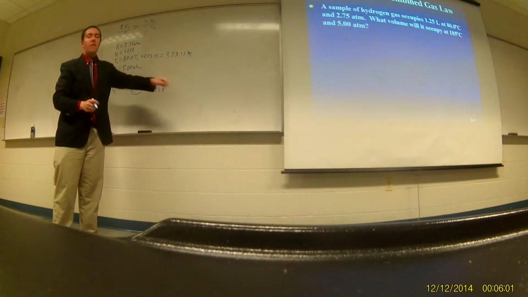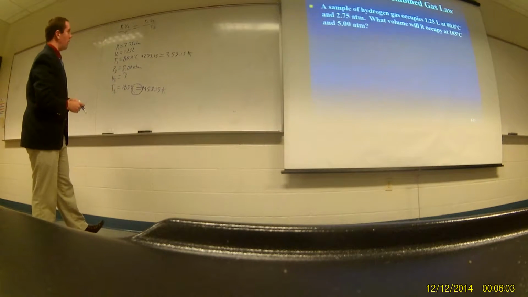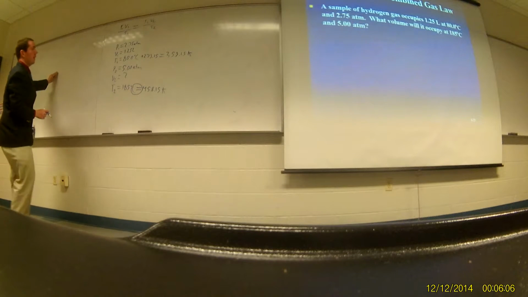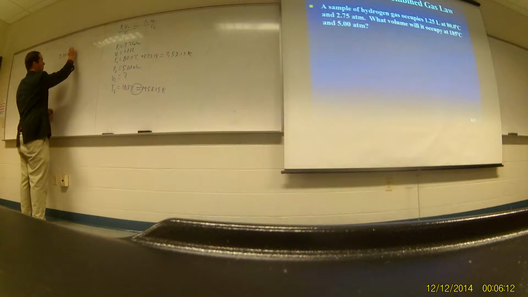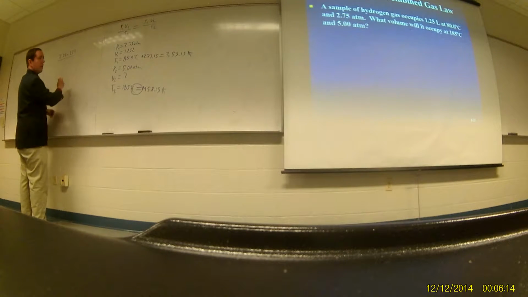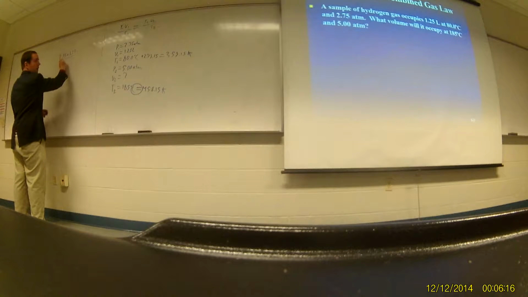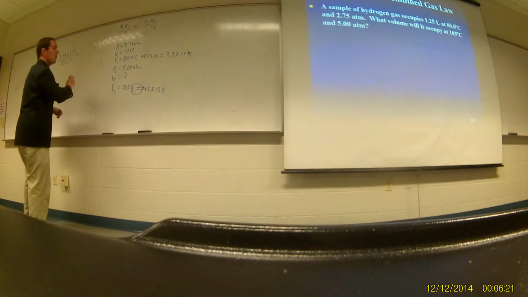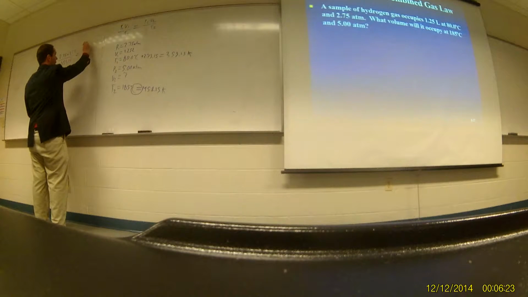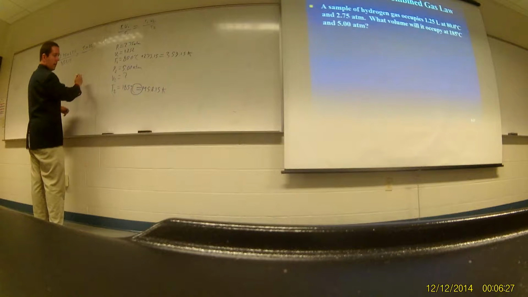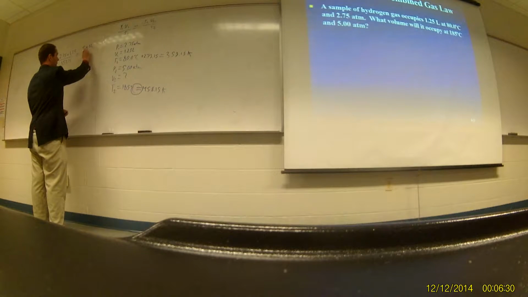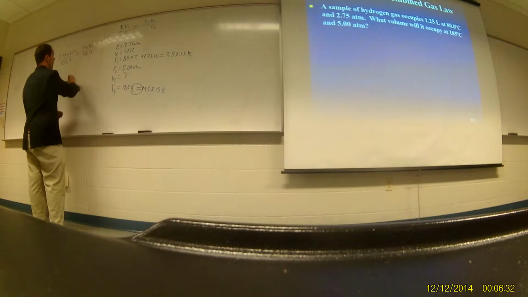So now all I have to do is plug it in. 2.75 times 1.25 divided by 353.15 equals 5 times V2 divided by 458.15.